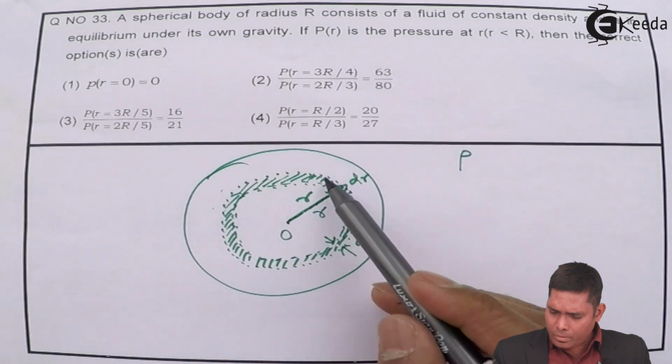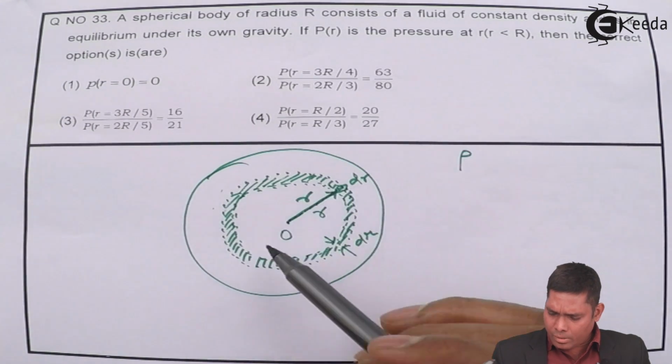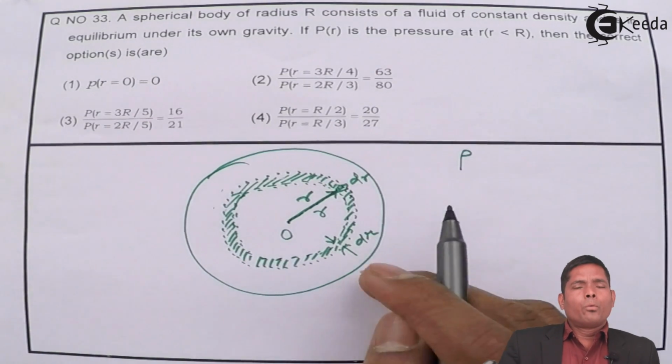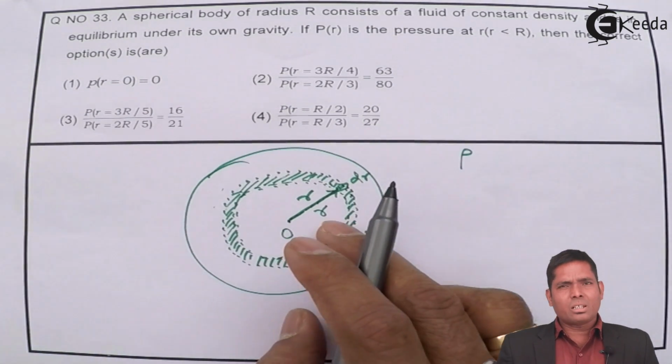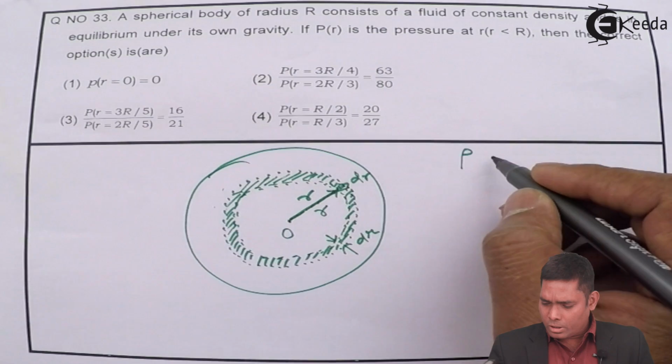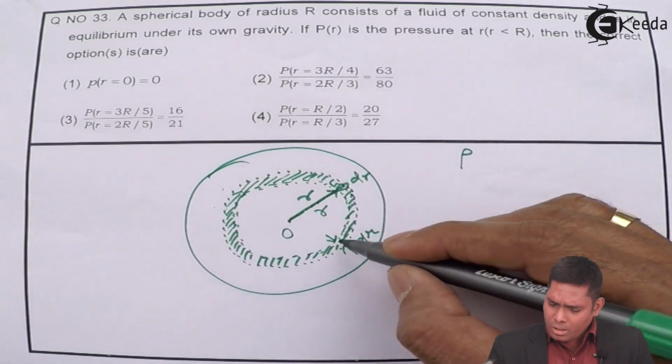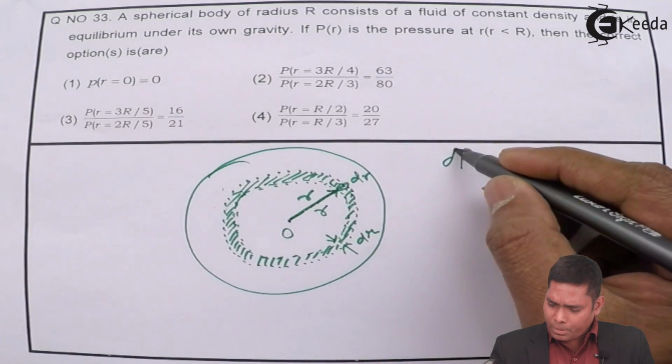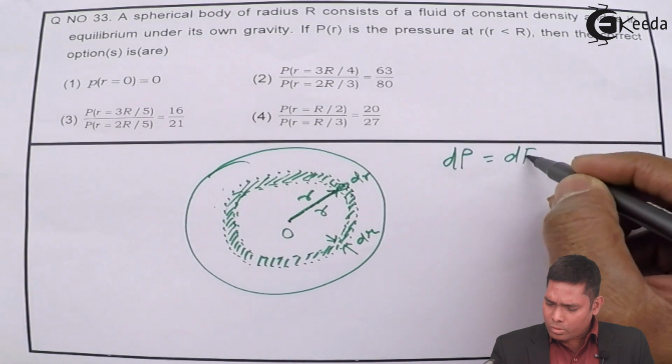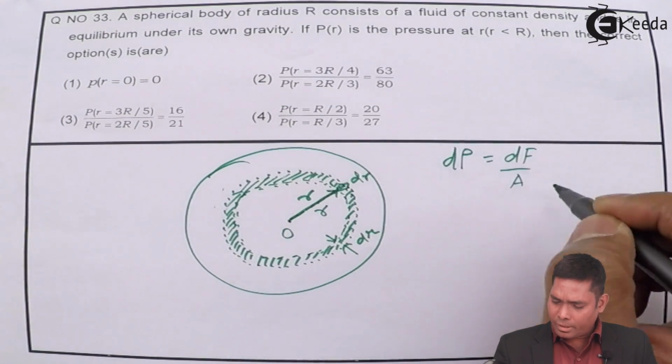The pressure is force per area. Because of this small element, the pressure here is the force upon the area.